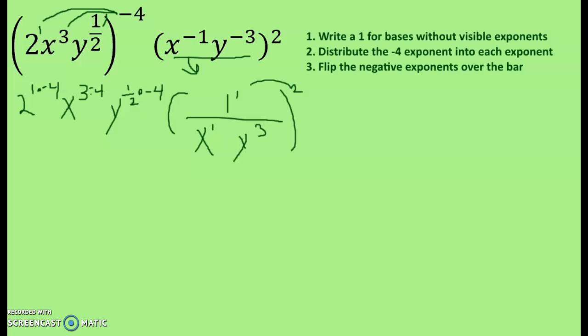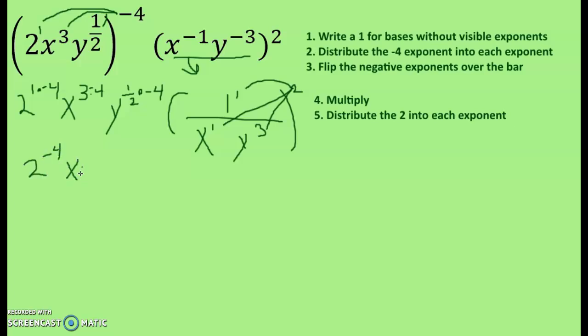Okay, let's distribute that 2 into each of these exponents. So we have 2 to the -4th power times x to the -12th power times y to the -2 power.